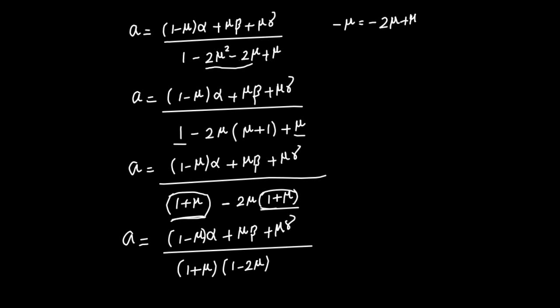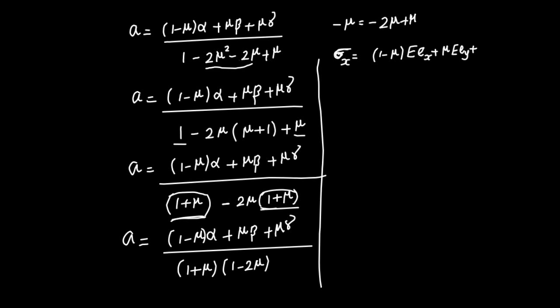So A is sigma x, normal stress along the x direction. 1 minus mu into alpha is capital E suffix x, plus mu into beta is capital E suffix y, plus gamma is capital E suffix z, whole divided by 1 plus mu into 1 minus 2 mu.